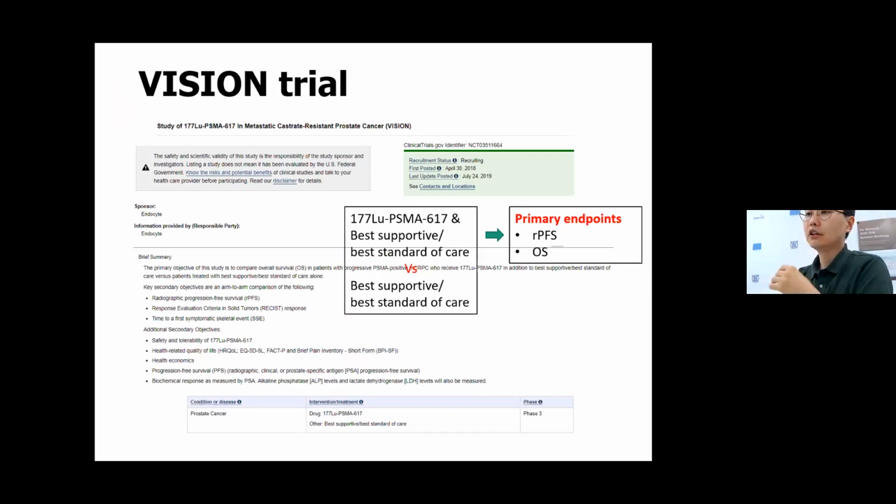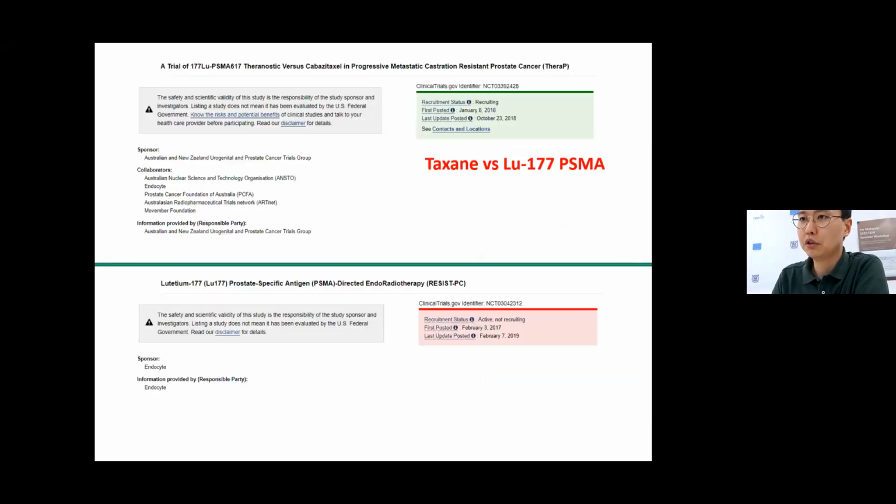After the end of this trial, we will see whether this lutetium-based therapy may be introduced into the clinical guidelines for the therapy of mCRPC patients and get approval.